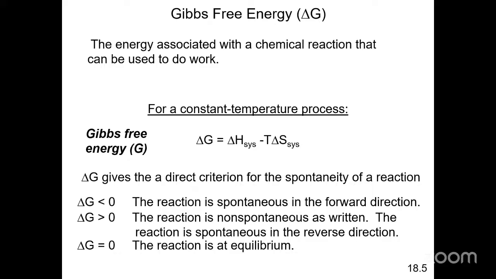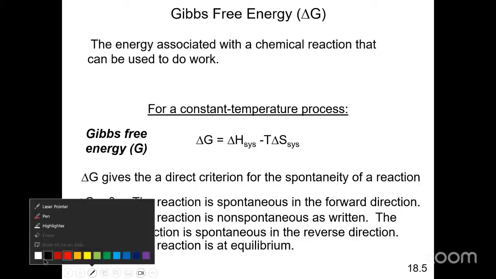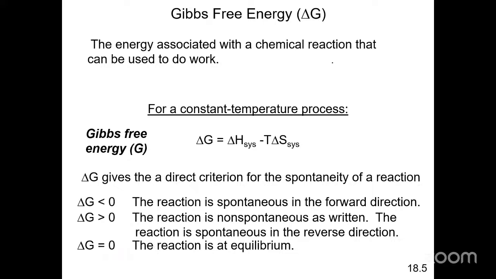And the consequence of that, based on this equation here, is that if delta G is 0, therefore delta S would be equal to delta H divided by T, right? So at equilibrium, this would be the case.